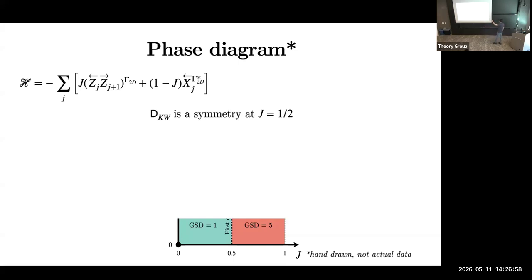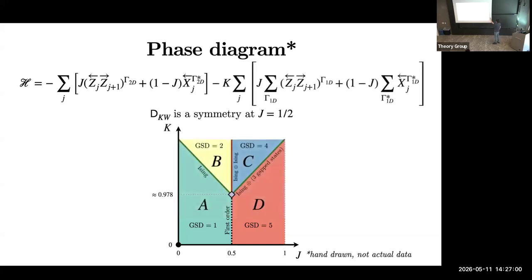So now let's turn on the 1-dimensional irreps. Here I'm choosing them to be the same strength for simplicity. What we seem to be finding is that this first-order transition, if you go up high enough, you go instead into certain intermediate phases with different ground state degeneracies, different patterns of symmetry breaking along the way. They're separated by Ising criticality.